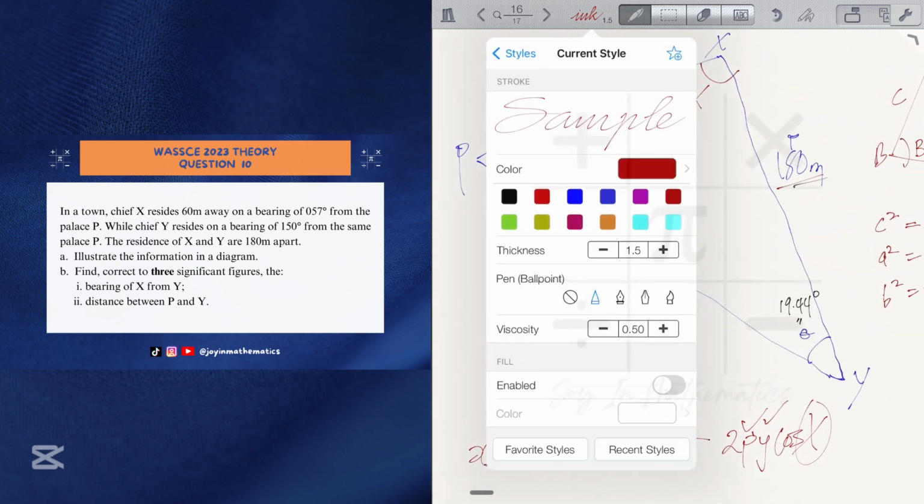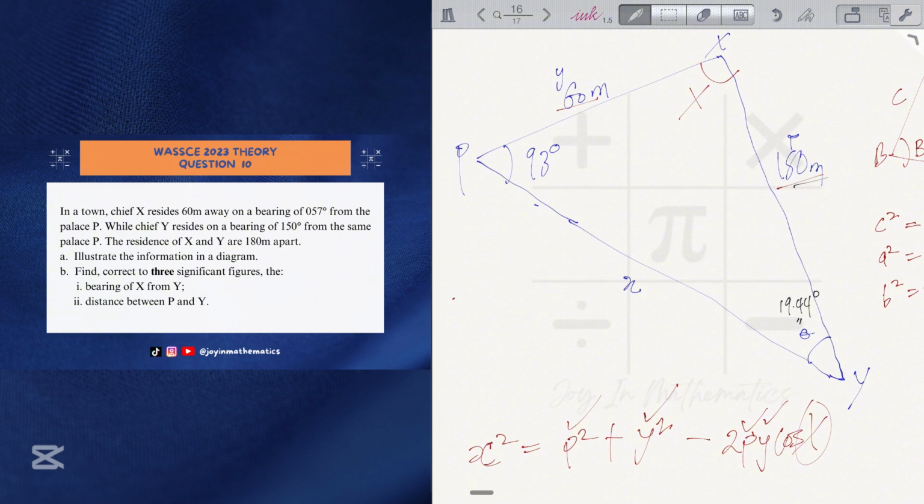To evaluate angle x now, we will apply the principle of the sum of angles in a triangle. That's 93 degrees plus 19.44 degrees plus x is equal to 180 degrees. Why? The sum of angles in a triangle is equal to 180 degrees. So 93 plus 19.44 is equal to 112.44, plus x is equal to 180 degrees.